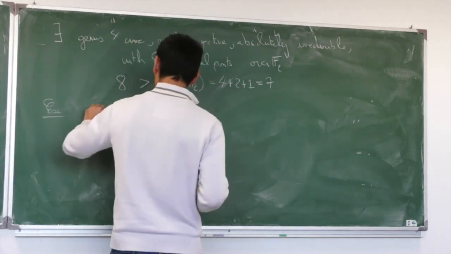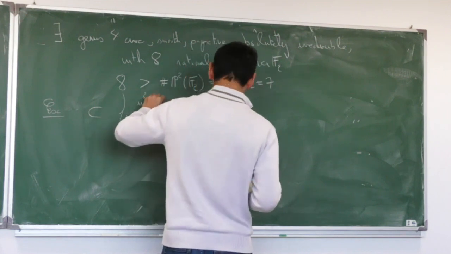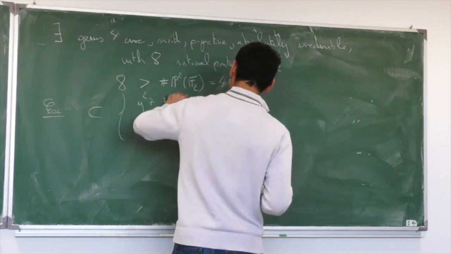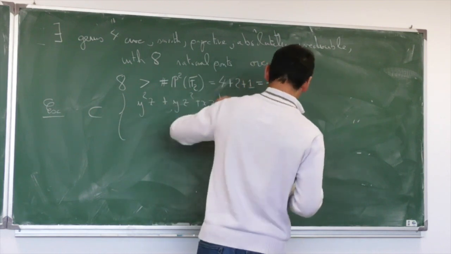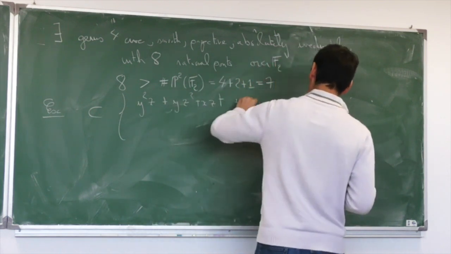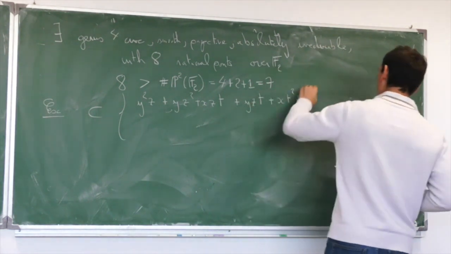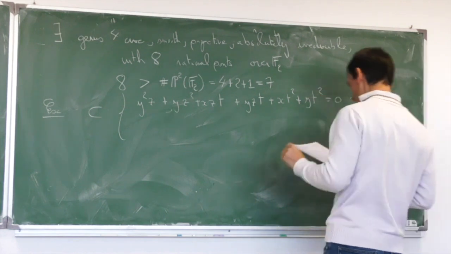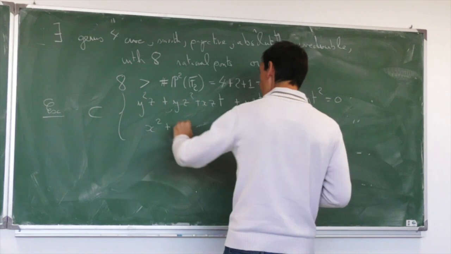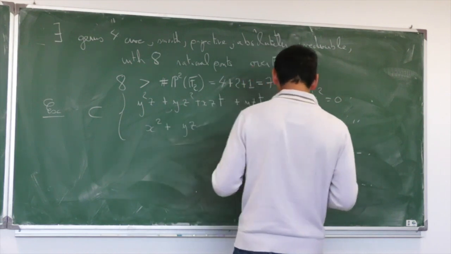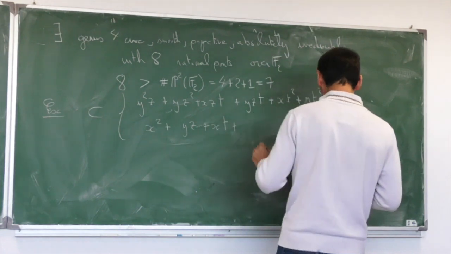So the curve is going to be given by these two equations. First, a cubic equation, and a quadratic equation. We'll see in the third lecture that this is indeed the canonical form of a genus 4 curve.